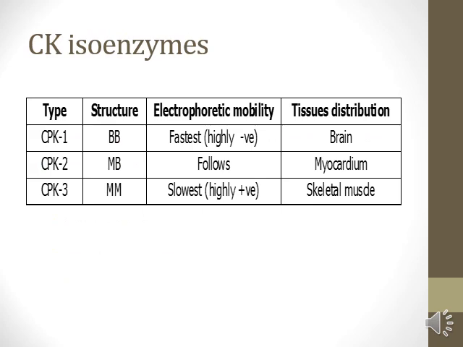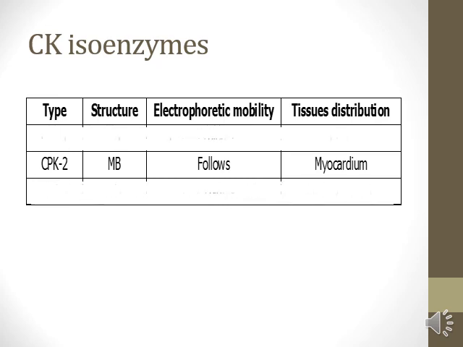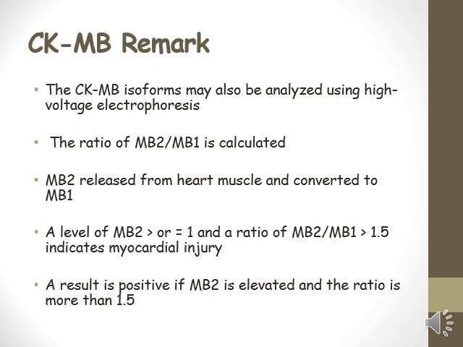There are three CK isoenzymes: CK1, CK2, and CK3. The most specific one in acute myocardial infarction is CK2, which has two subunits, M and B. CK-MB isoenzyme may also be analyzed using high voltage electrophoresis.